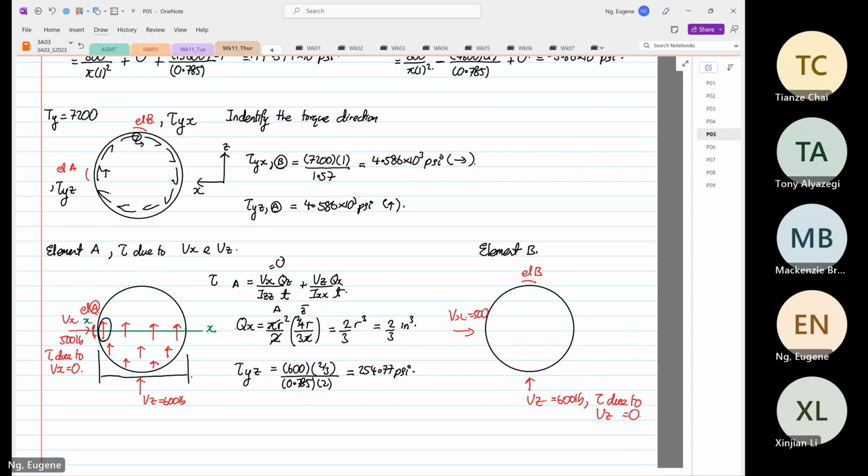Okay. So now if I were to draw the centroid, right? Now the shear flow will look like this.